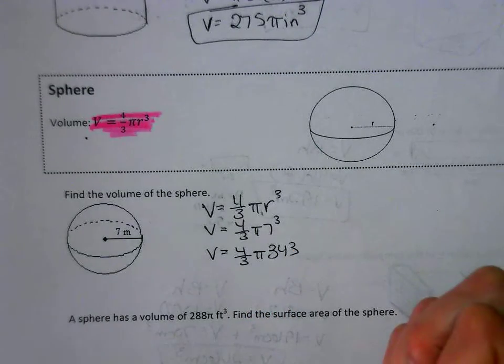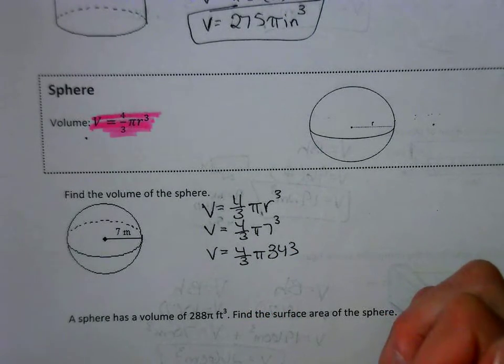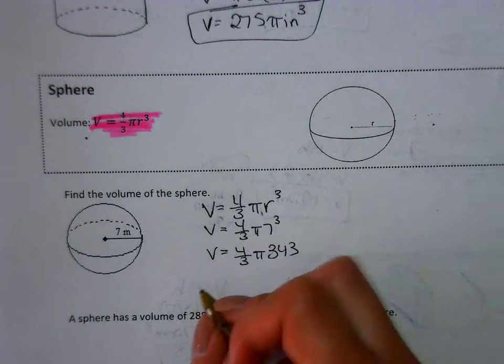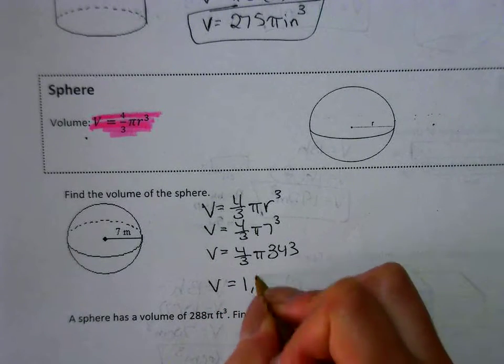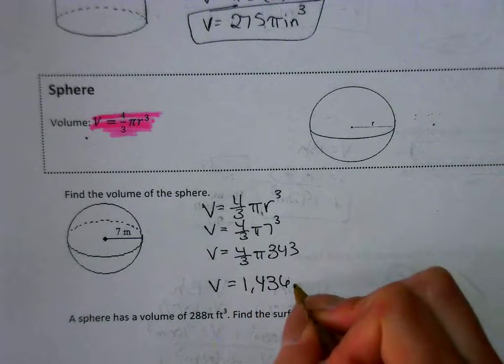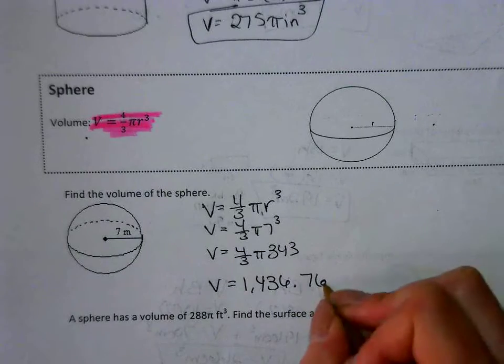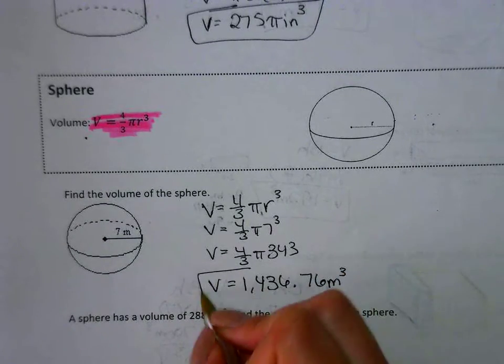Here it doesn't say in terms of pi, so let's do 4/3 times pi times 343. We end up with a volume of 1,436.76 meters cubed.